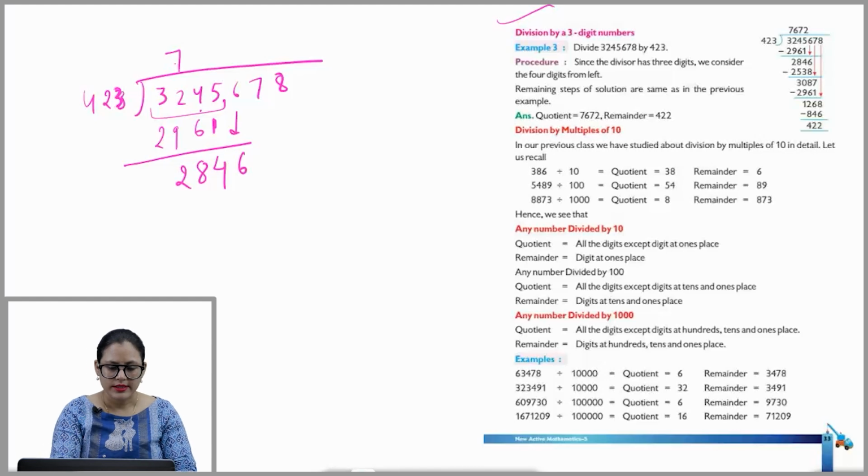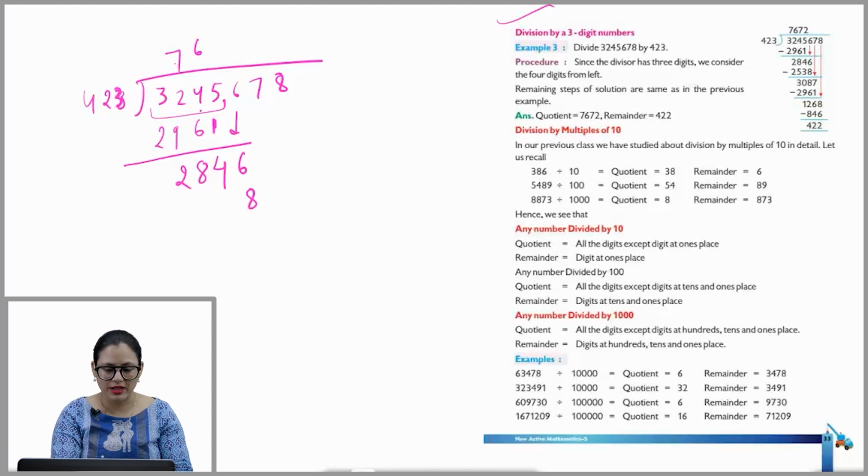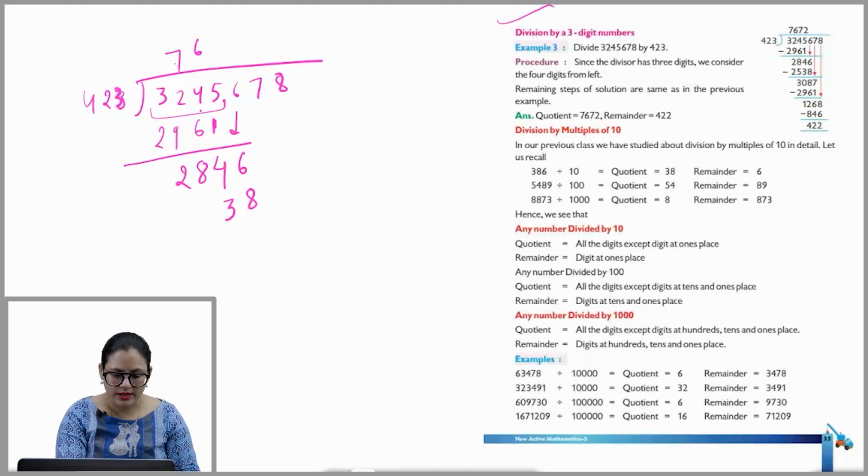Now 6 3s are 18, 1 carry, 6 2s are 12, plus 1 13, 1 carry, 6 4s are 24, plus 1 25. Okay, then subtract. 16 minus 8 is 8, 0 and 3.